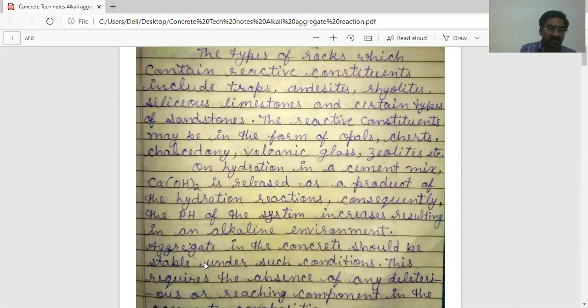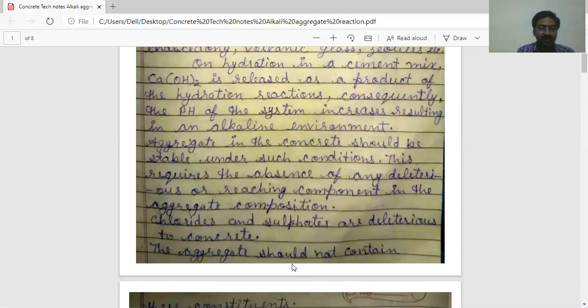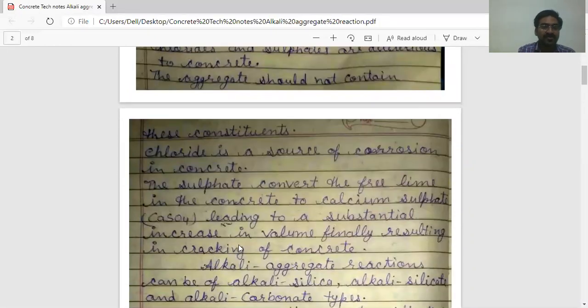Now, aggregate in the concrete should be stable under such conditions. This requires the absence of any deleterious or leaching compound in the aggregate composition. Chlorides and sulfates are deleterious or harmful to concrete, and the aggregate should not contain these types of constituents.